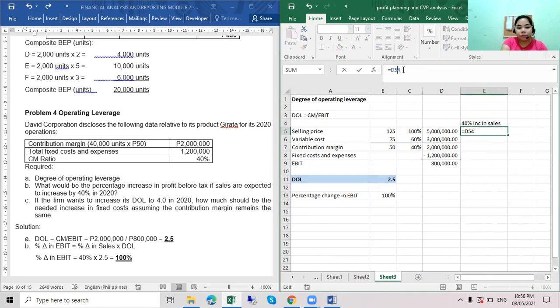Times. Kay naka-caps lock. Dahil 7 million. Same man gihapon. Tabla class. Ang effect ya. Nag 1.6.